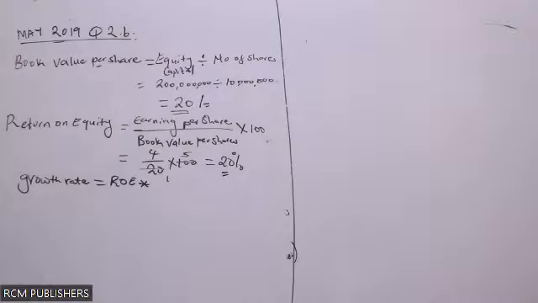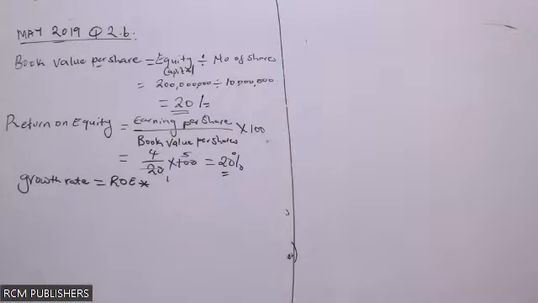Remember we are told that we are given the payout ratio. Where is that information? I had seen it somewhere. Have we been given the dividend payout ratio or what? We have been given something. Yeah, payout ratio we have been given.